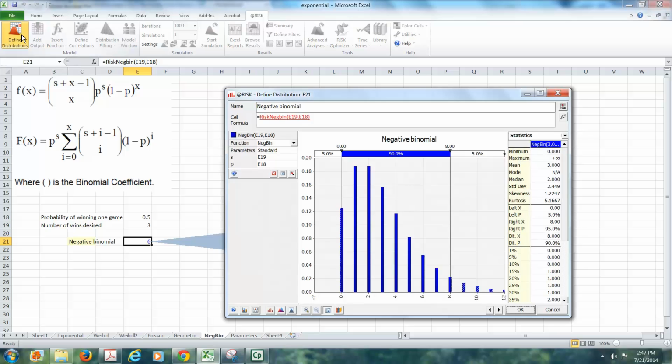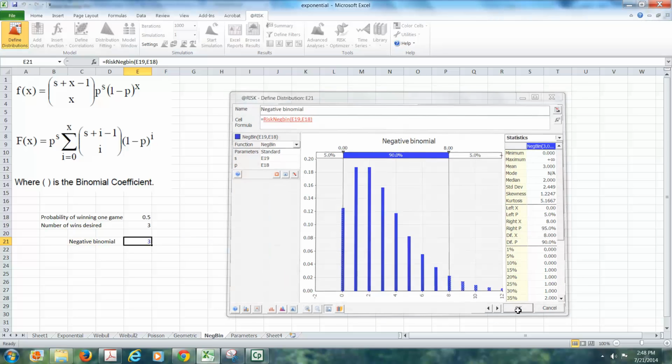If I pull up this distribution, however, you'll see it's reading the probability and the number of successes from the spreadsheet here. And so this is a picture of what the outcome is likely to be. Most likely you would lose 1 or 2 games before you won 3. But you see the 3, 4, 5, 6, 7, and so on all still have a non-trivial probability of occurring.